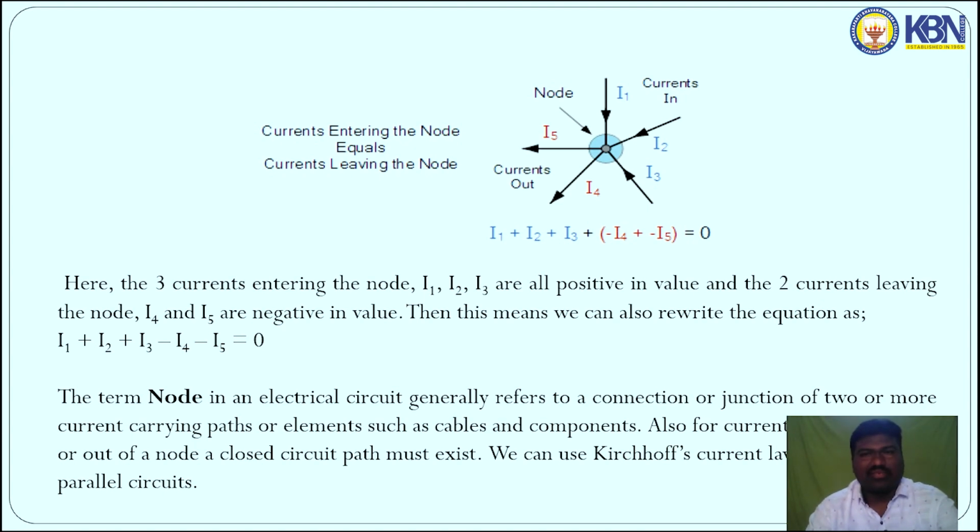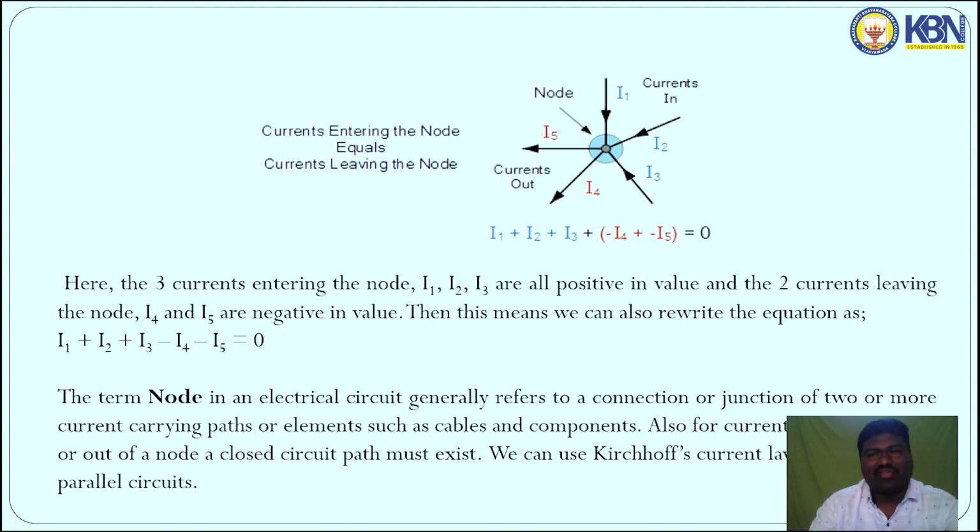Here the diagram represents arrow marks at the junction showing currents entering the junction and leaving the junction, that means going to the outside. The current entering the node is equal to the current leaving the node. Here I1, I2, I3 are entering the junction, and I4 and I5 are leaving the junction.